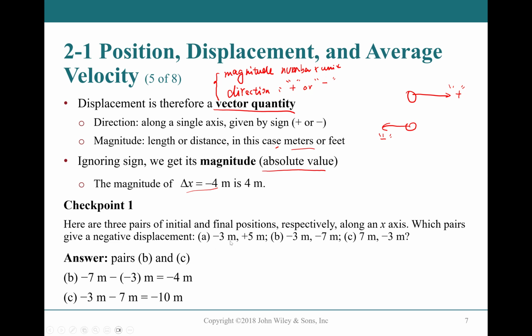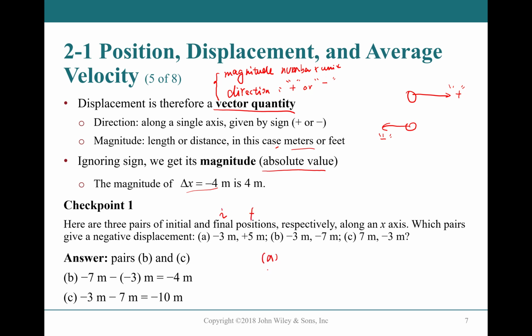So here we are going to have an example. We have 3 pairs of initial and final positions, respectively, along an x-axis. Which pair gives me a negative displacement? A, B, C. This is the initial position and this is the final position.